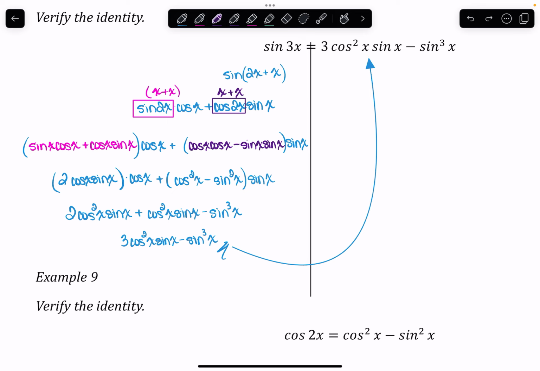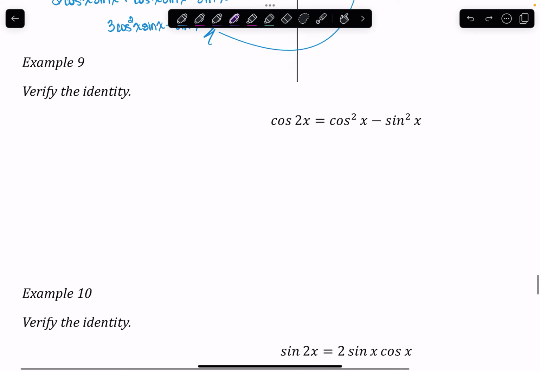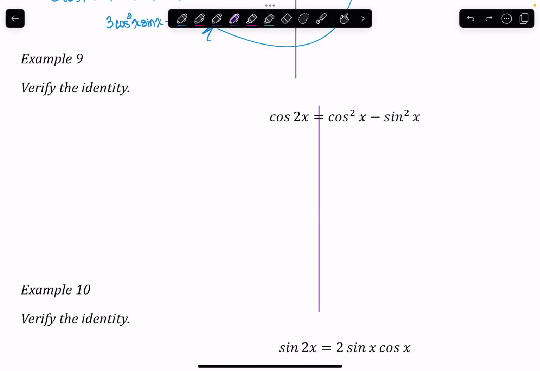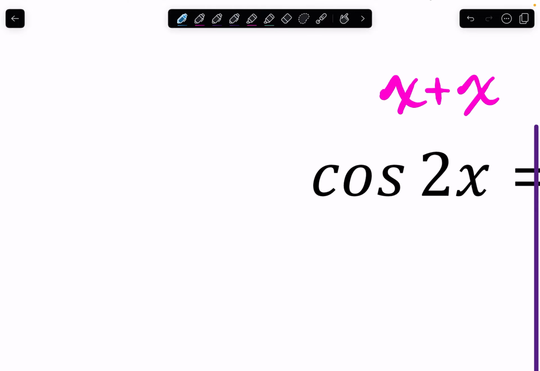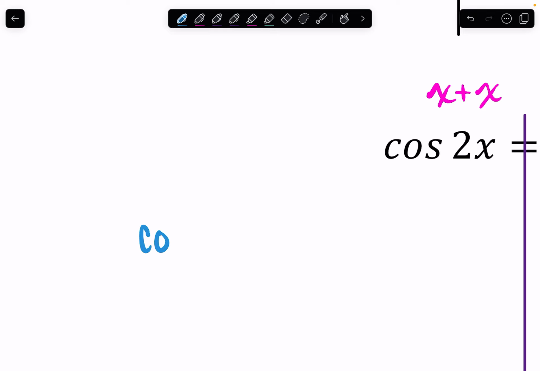Next. Left versus right, looking at that right side, the angles don't match. So we're going x plus x. So cosine is selfish. So cosine first angle, cosine second angle, they just happen to be the same.